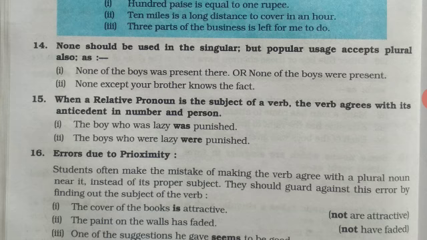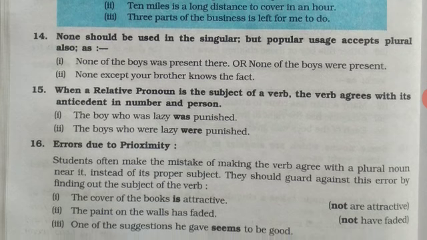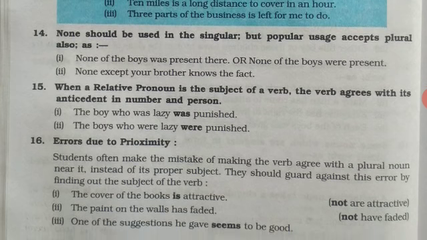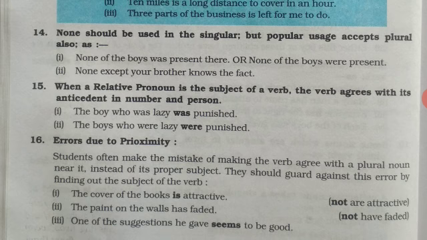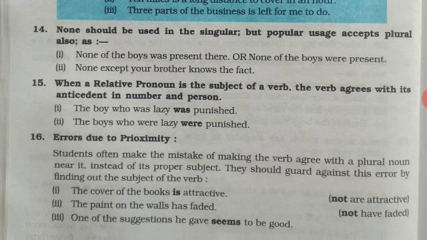Right? Now errors due to proximity. Students often make the mistake of making the verb agree with a plural noun near it instead of its proper subject.